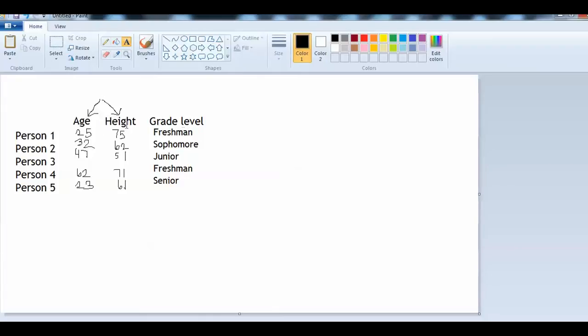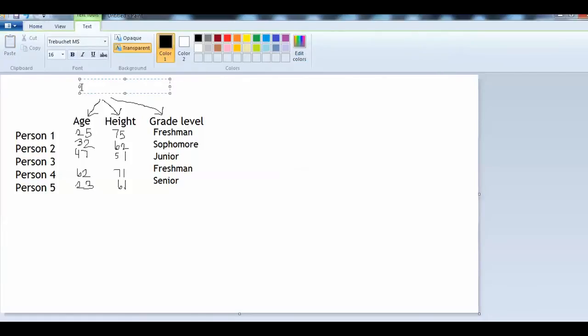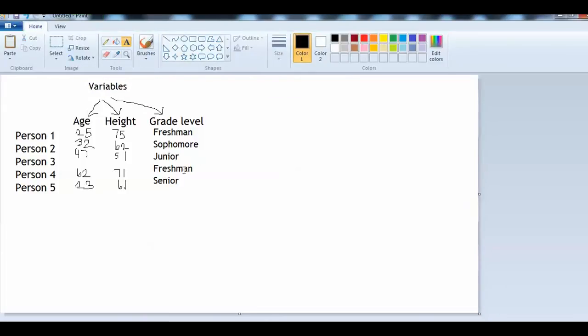And all 3 of these things are able to vary, because different people have different grade levels, different people have different heights, and different people will have different ages. So these 3 things are now the variables.